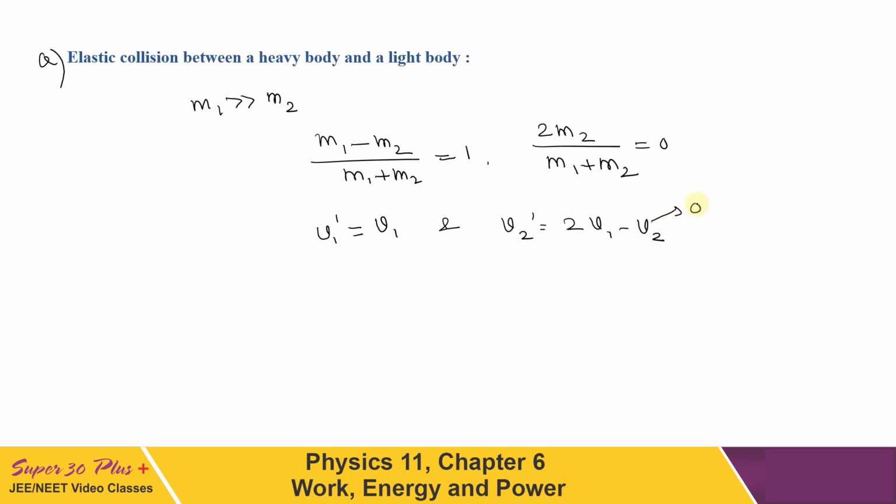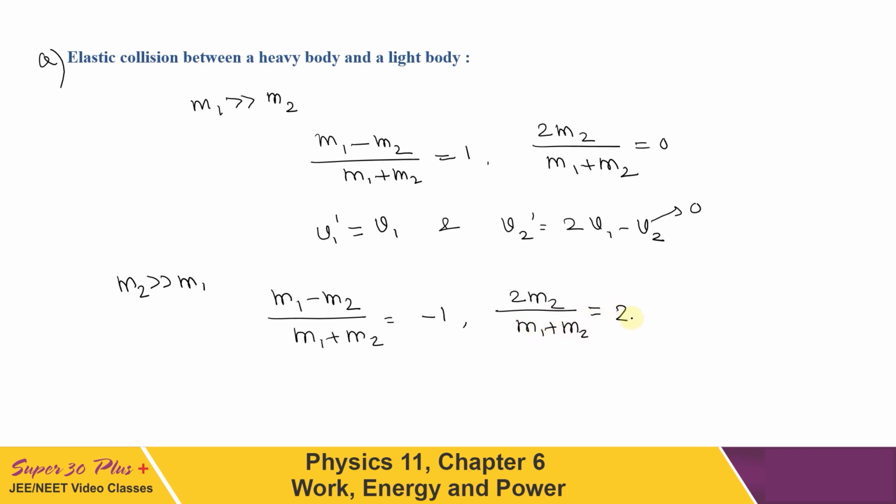Now if we suppose that m2 is much more than m1, then a light body is hitting a heavy body. In this case, we will get (m1 minus m2) upon (m1 plus m2) equal to minus 1, 2 m2 upon (m1 plus m2) equal to 2, and 2 m1 upon (m1 plus m2) equal to 0.